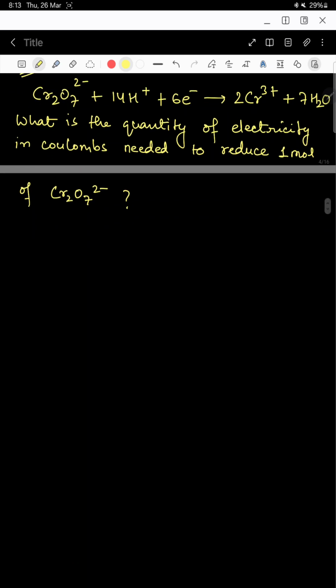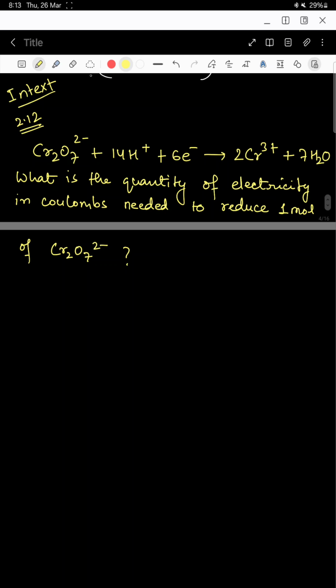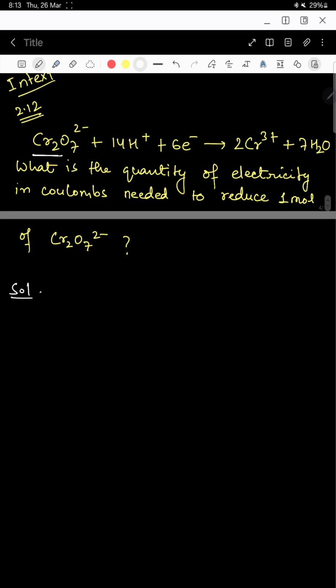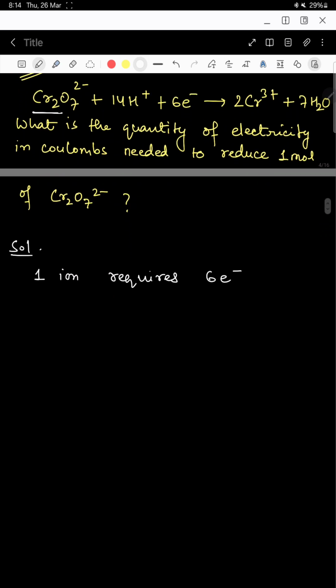Now see, from the reaction itself you can say that 1 ion of dichromate requires 6 electrons for its reduction.